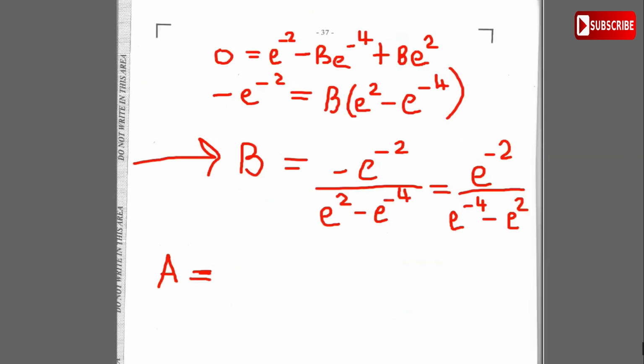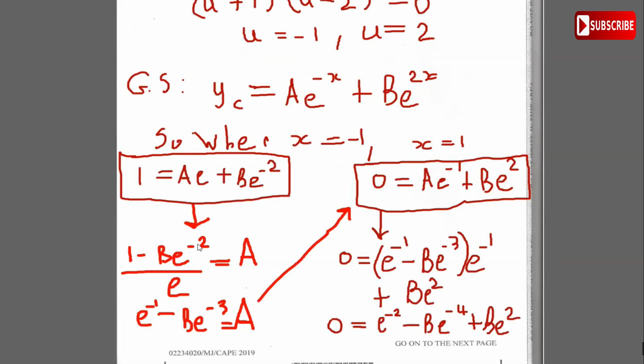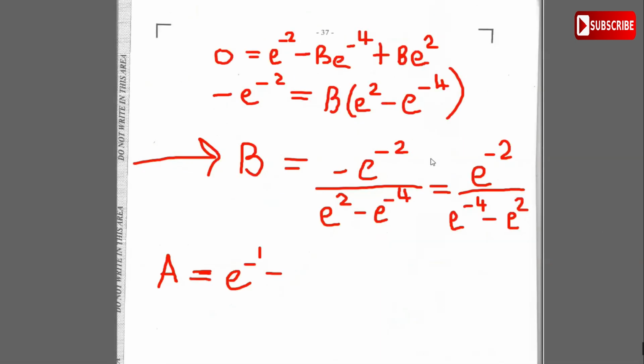So a was e to the minus 1 minus b e to the minus 3, which is minus, this is b now, e to the minus 2 over e to the minus 4 minus e squared times e to the minus 3.